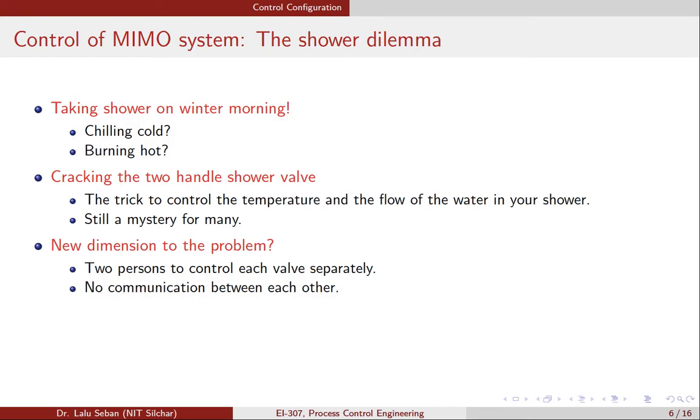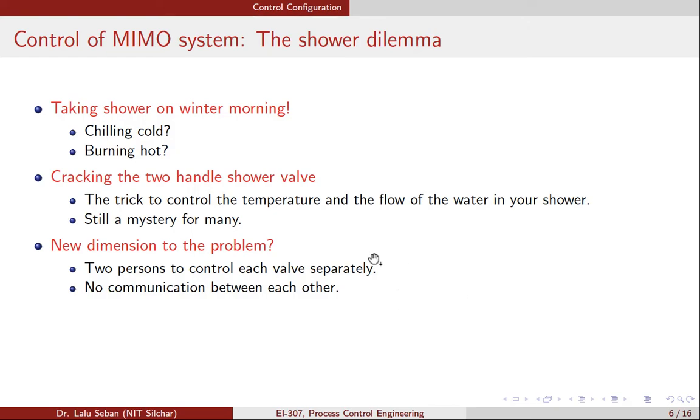One person feels that the temperature is high, so he will increase the cold water flow. He does not know what the other person is doing, but the other person, who controls the hot water valve, may be increasing or decreasing it. If at the same time he is also decreasing, the temperature will come down. Then both of them will increase the flow rate. So this will be really conflicting, and this is a very difficult problem to solve.